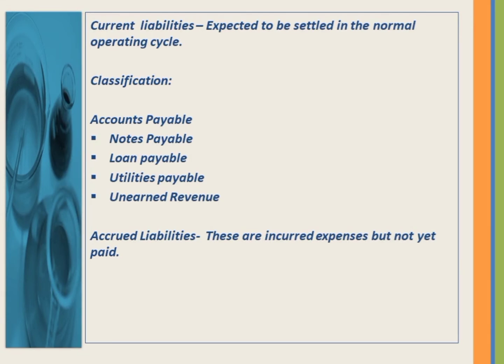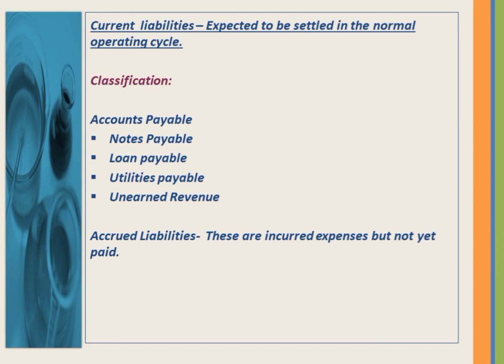The classifications: accounts payable is a payable or obligation that we owe, but we do not know yet when we will be paying. While for notes payable, we have a written promissory note on when we will be paying this obligation. Loan payable is our obligation to the bank.